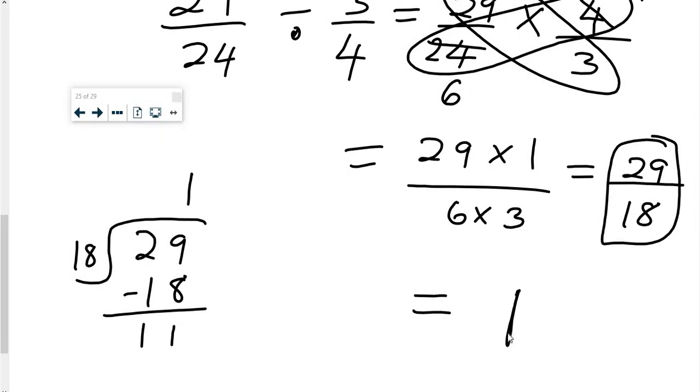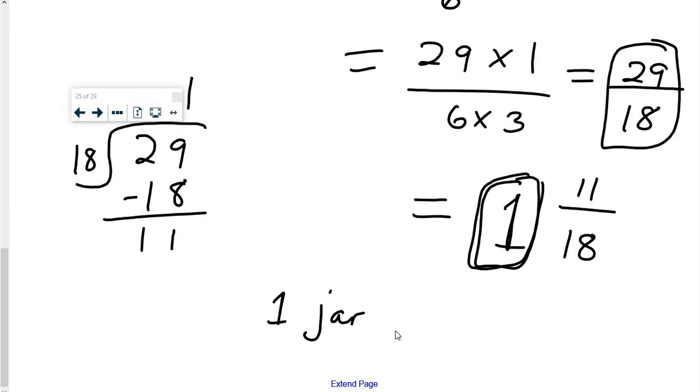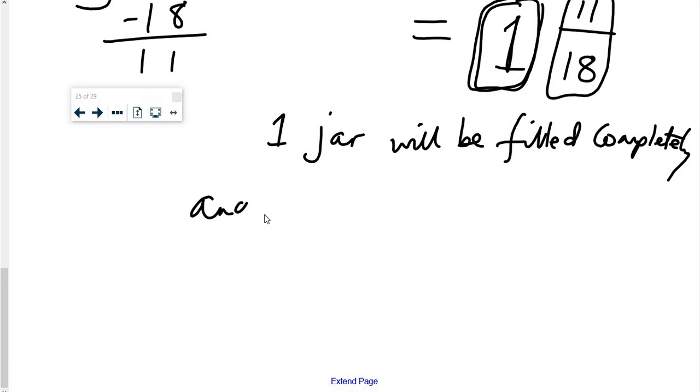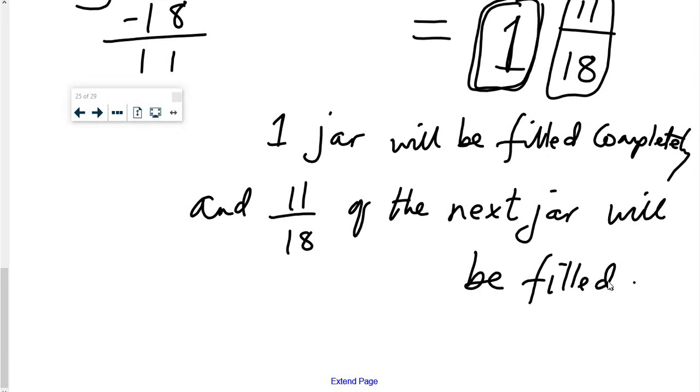So that means we're going to have 1 and 11/18. So that means one full jar will be filled completely, and 11/18 of the next jar will be filled. Right?